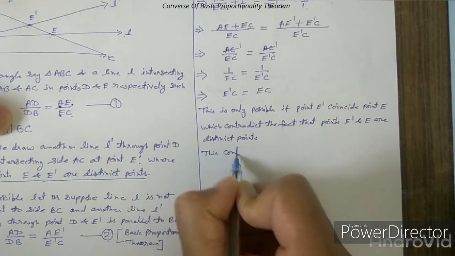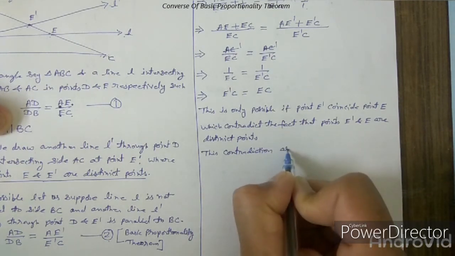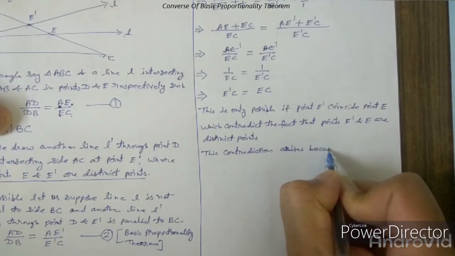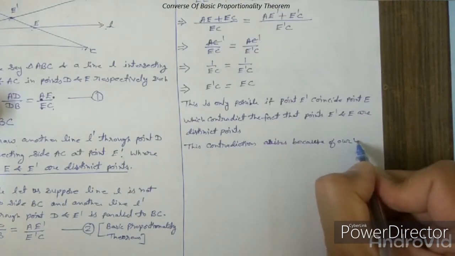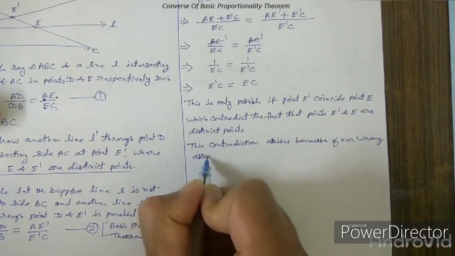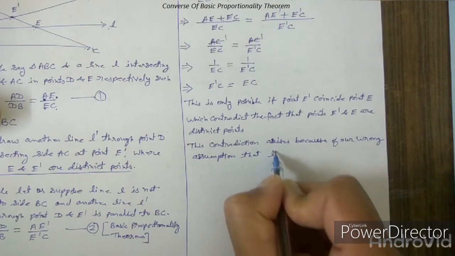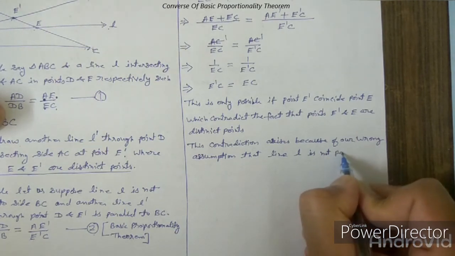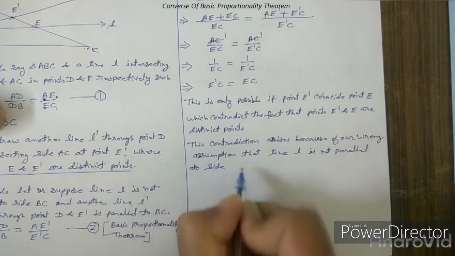This contradiction arises because of our wrong assumption that line L is not parallel to side BC.